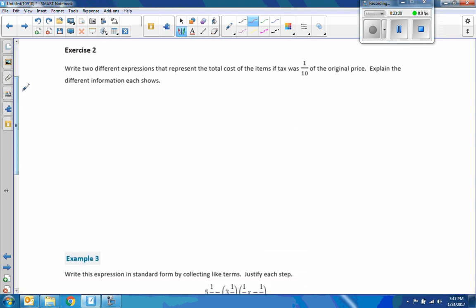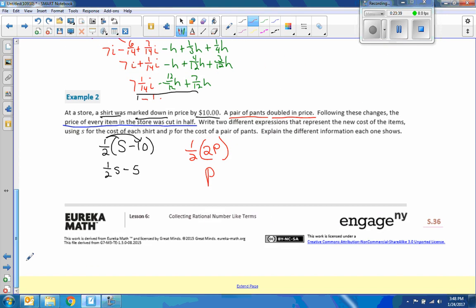Exercise 2. Write two different expressions that represent the total cost of these items if tax was 1/10 of the original price. Explain the different information it shows. So we're going back, and I need to look at that again.